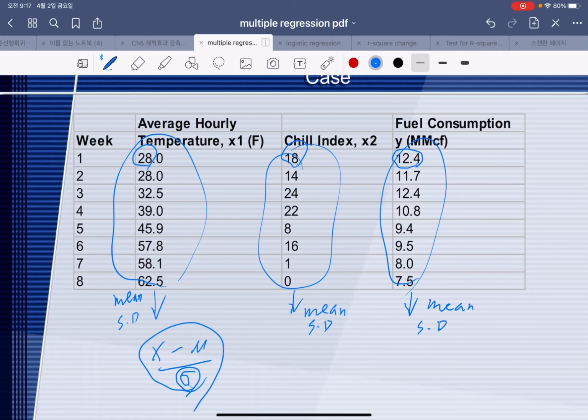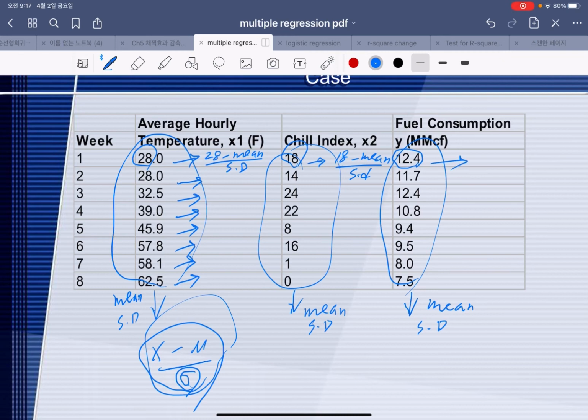Then you compute each one: 28 minus mean, and divide by standard deviation. You need to compute the standardized number for each of this data using this equation. Same for this one: 18 minus mean, and divide by standard deviation.